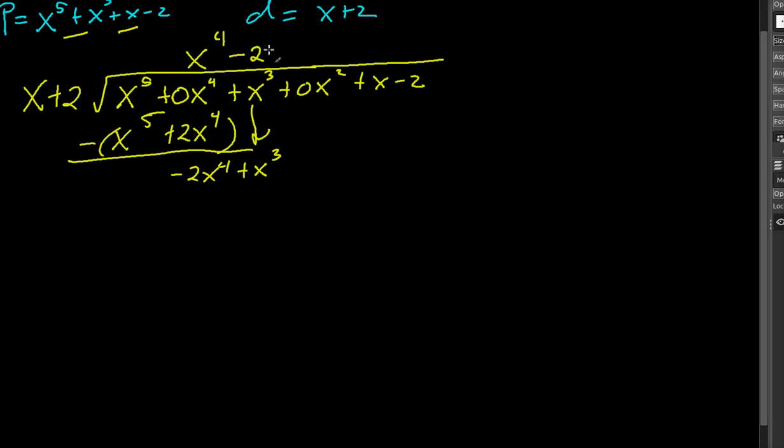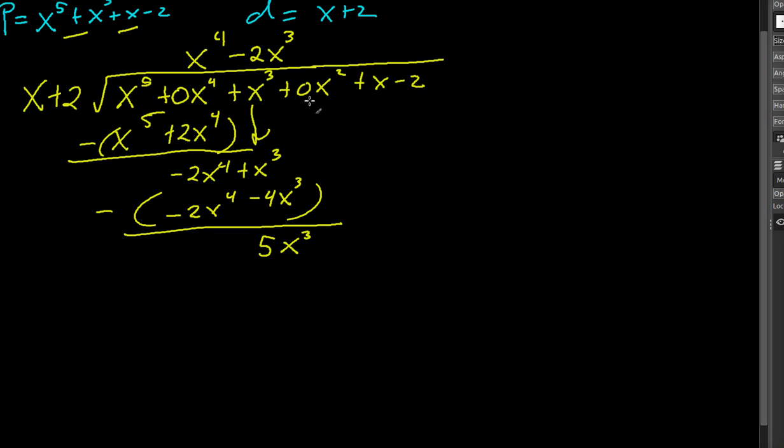That would be negative 2x to the third. Negative 2x to the fourth minus 4x to the third. We want to subtract those. So that will go to 0, and then this will go to positive 5x cubed. Then I'll bring down my 0x squared.